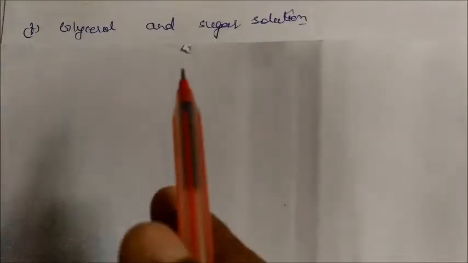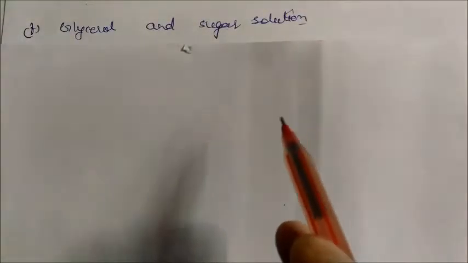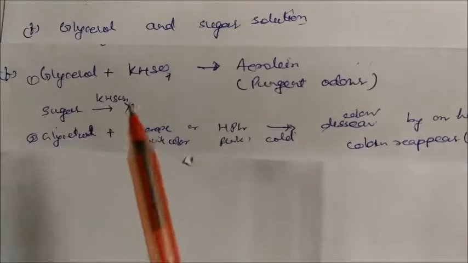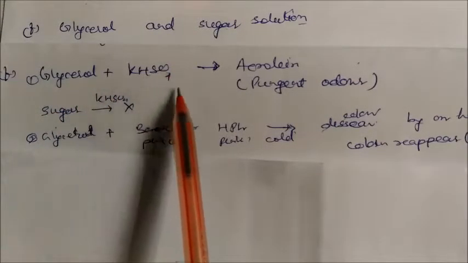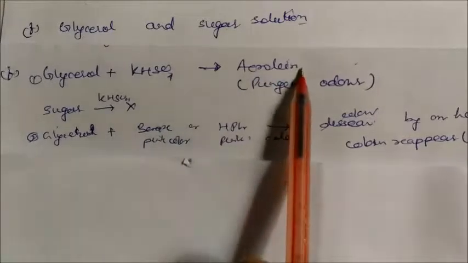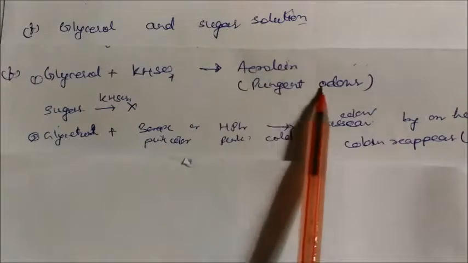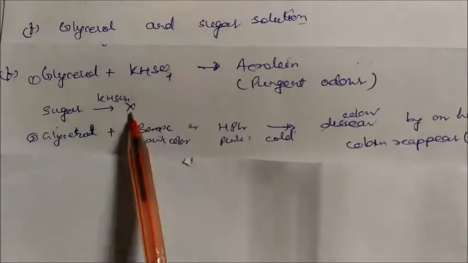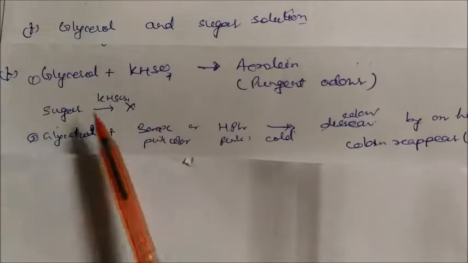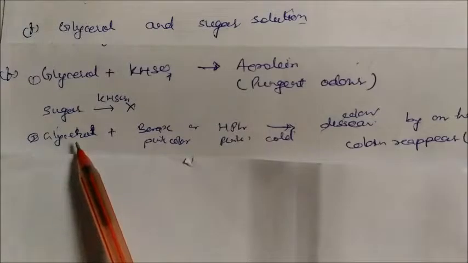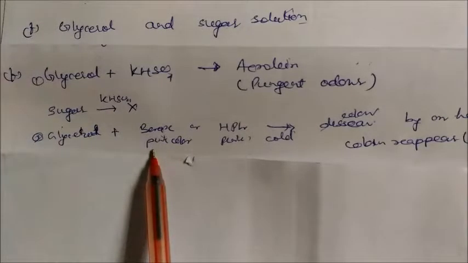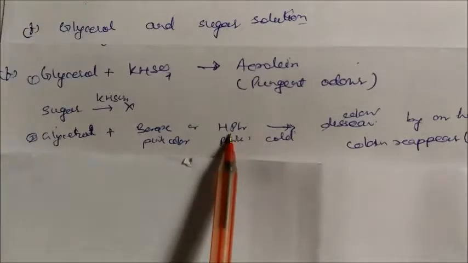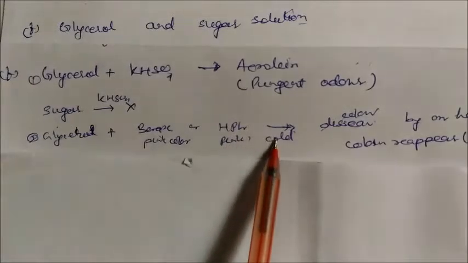How will you identify glycerol and sugar solution? In case of glycerol, when reacted with potassium bisulfate, it will give you acrolein. Acrolein has a pungent odor, and with sugar, potassium bisulfate will not react. Again, there is another test: glycerol can react with borax, which is pink in color, and phenolphthalein, which is also pink in color, under cold conditions.